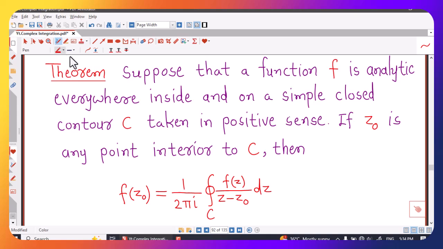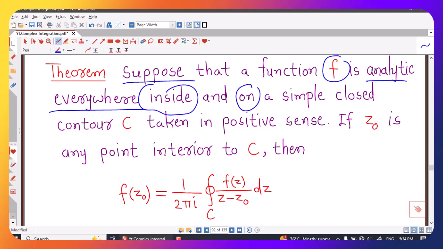You should write systematically. Here I have written it as a theorem. Suppose that a function f is analytic everywhere, that is at all points inside and on a simple closed contour C, taken in positive sense, that is in counterclockwise direction.